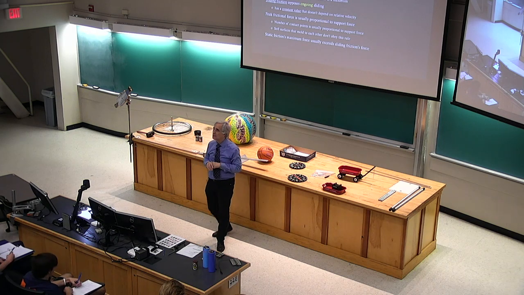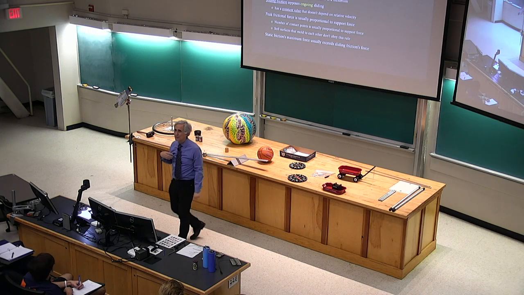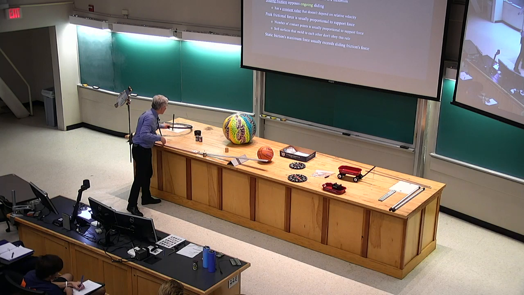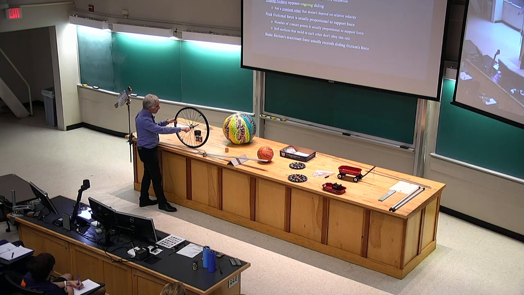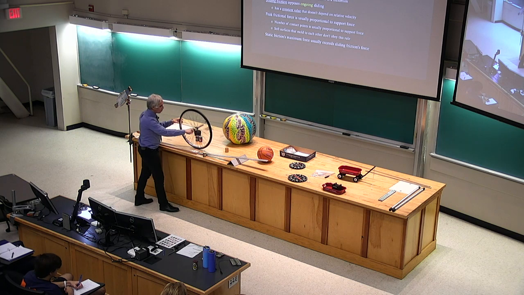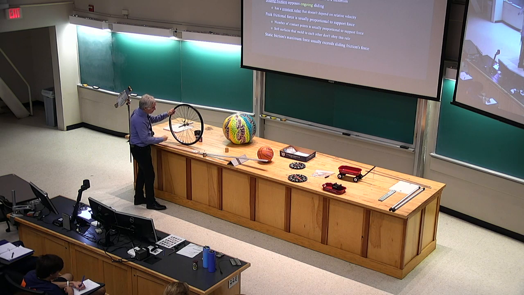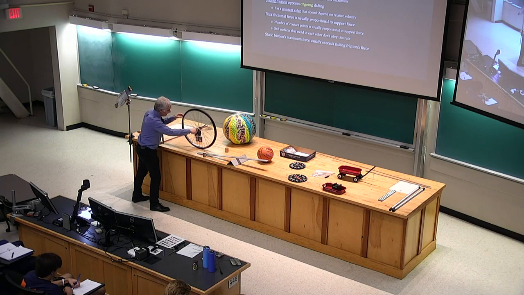Not always, but mostly. And this is why that first question I asked you about skidding your car wheels to propel yourself forward, do you want to skid or not skid? You don't want to skid. So here's your car sitting there on its wheels, and when the wheels are rolling smoothly, they're not skidding, the bottom of the wheel, so this is sort of getting ahead of ourselves, but it's okay. The bottom of the wheel doesn't skid, it lands and leaves.